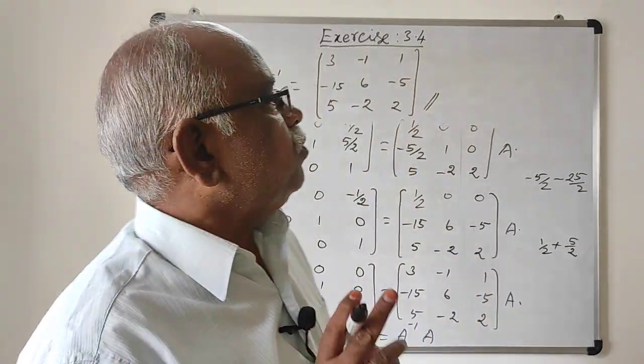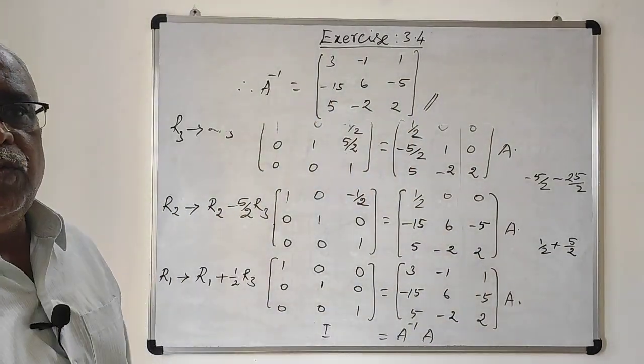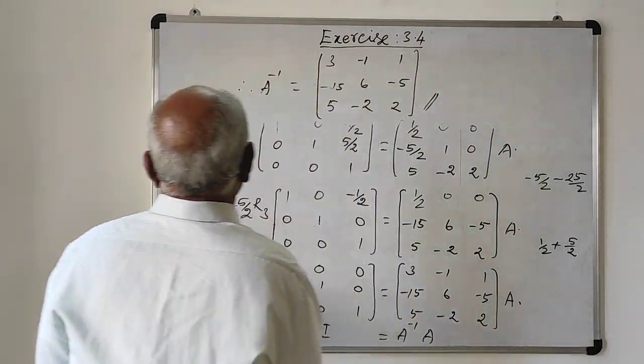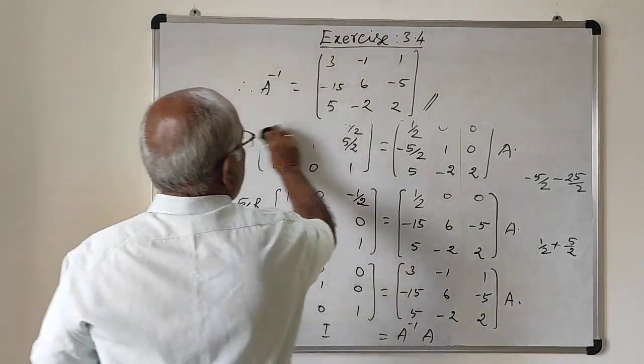So one more problem, the last problem in the exercise 3.4, is an objective type problem. We will see. 18th problem.